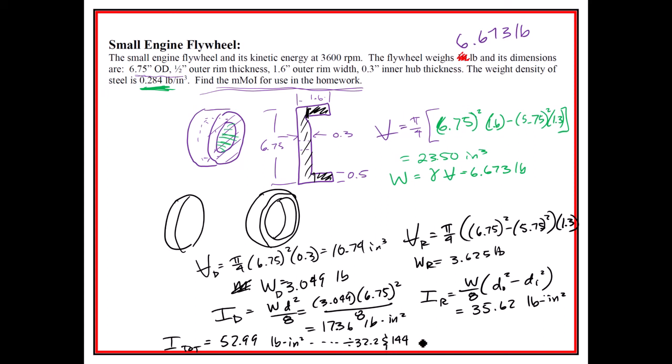And what we end up getting is I of the total in the units we can use, 0.01143 slug feet squared, right there.